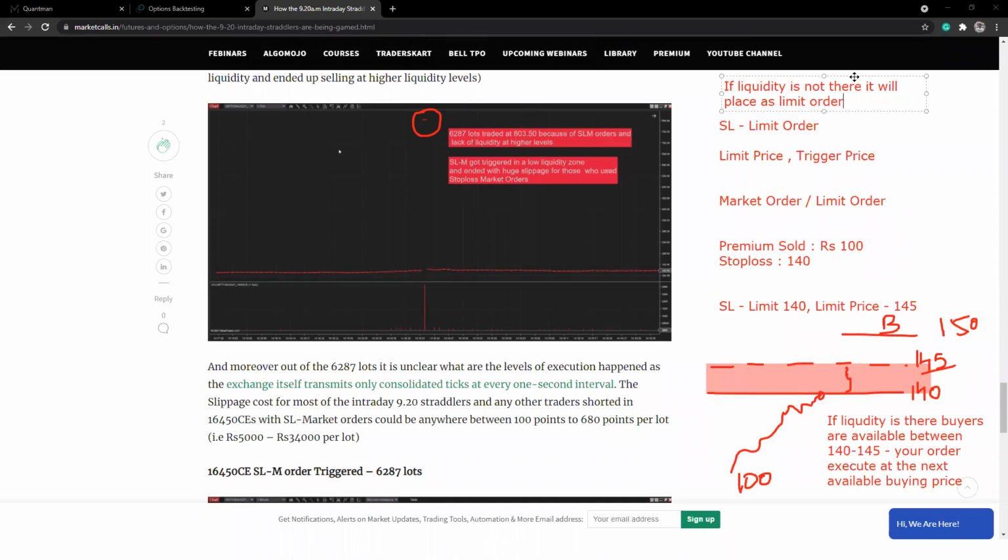That's the difference from an SLM order. An SLM order is always a market order, but an SL limit order is sometimes a market order, sometimes a limit order. The limit order will trigger only if the market is moving fast and liquidity is not there in the market.